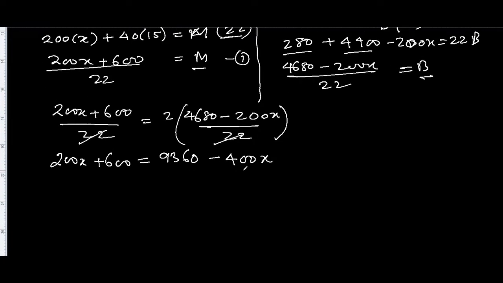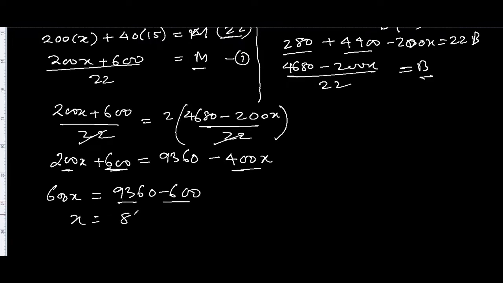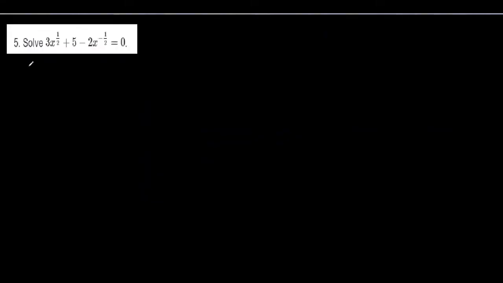Alright, this 400x will go and add with this, it will become 600x, and this 600 will subtract from 9360. So the x will be 8760 divided by 600, which is 14.6 meters.